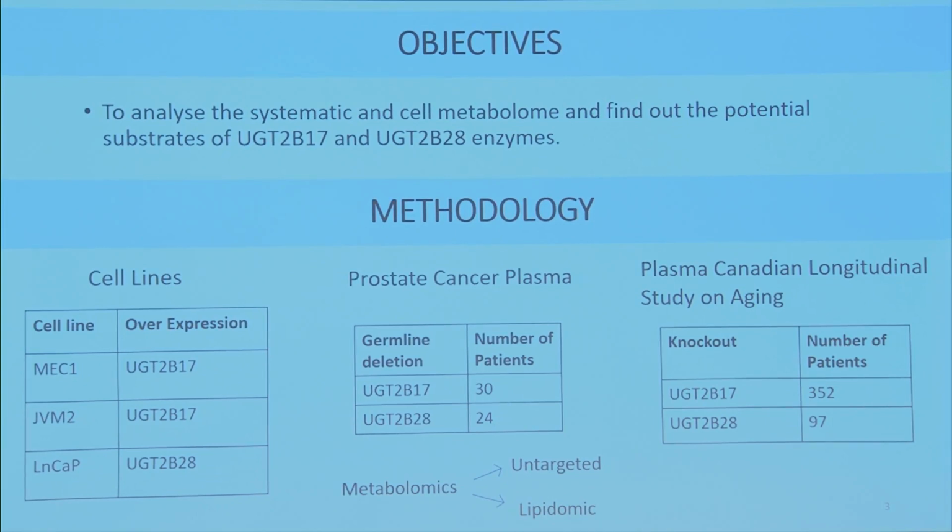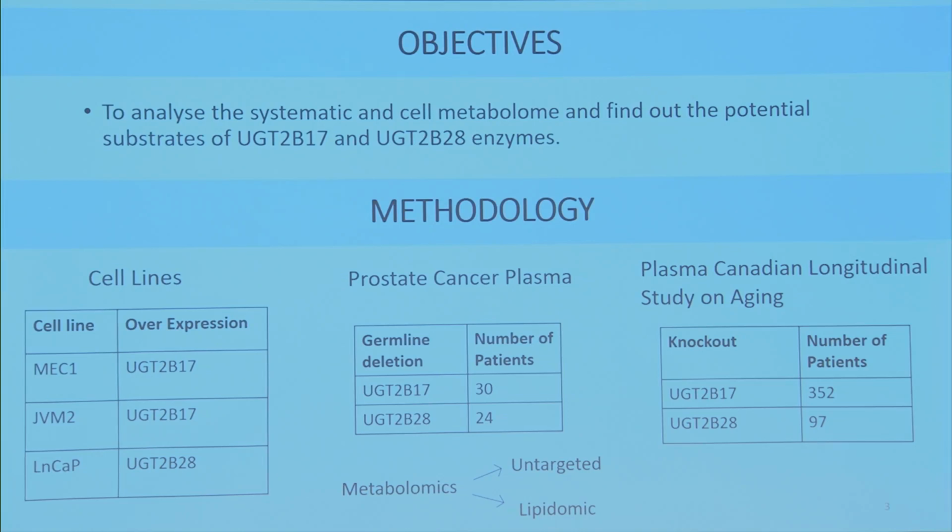MEC1 and HG3 cell lines are known for their overexpression of UGT2B17, whereas the LNCaP cell line is known for its overexpression of UGT2B28.